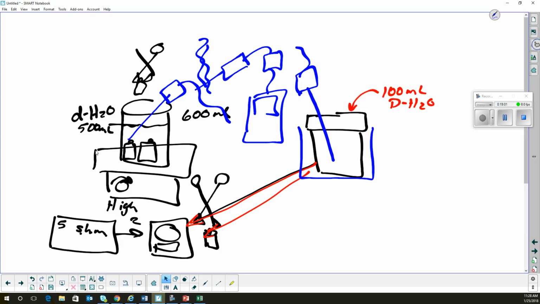Everybody following me? Because this gets a little tricky right here. It goes really fast, but you got to know what you're doing. So that's number 6 on column number 1. Okay? Then you're going to take and you're going to move the first sample, whatever is in your column 1, over here, and you're going to stir the thermometer and get the highest temperature. That's number 7 on column 1.